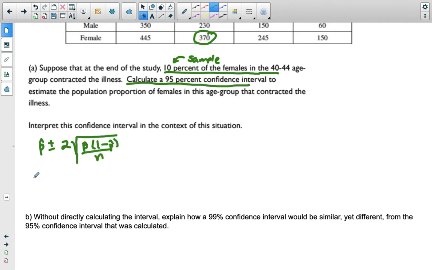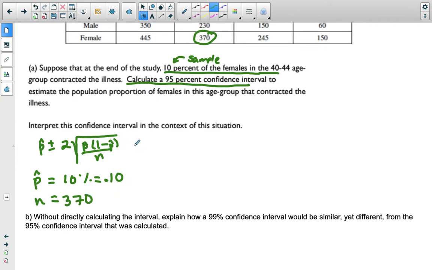So what are our statistics? p hat is our sample proportion. We know that's 10%, so we can convert that to 0.10. What is our sample size? Our sample size is 370. It's not 2,000. It's the 370 people that meet our criteria. So in other words, these 370 females ages 40 to 44.